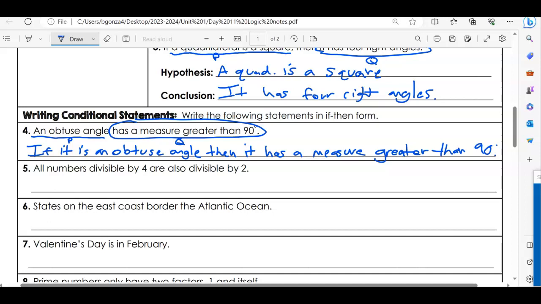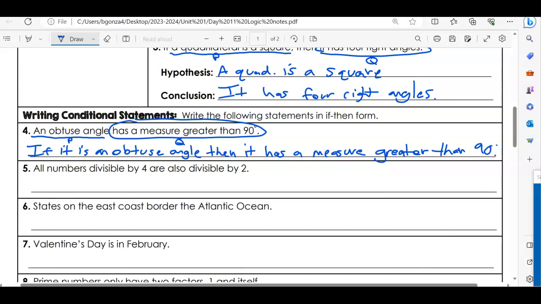You see how I did use the P and the Q? I used "it" to connect, okay? If and then. Cool? Now there's other ways to do it. You could have said, if there is an obtuse angle, then there is... You can use other words to connect as long as it makes some grammatical sense.